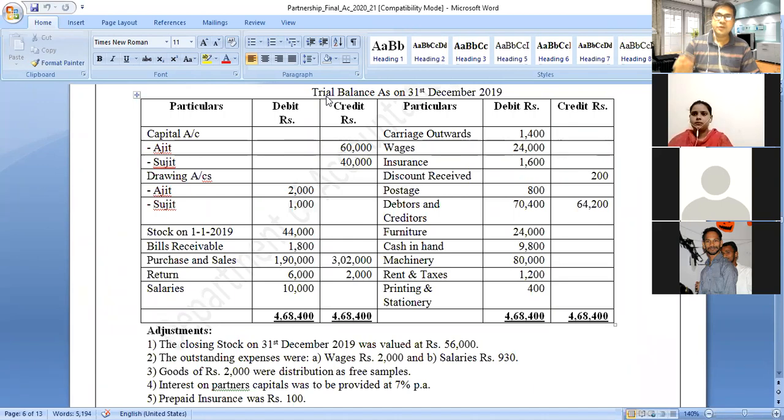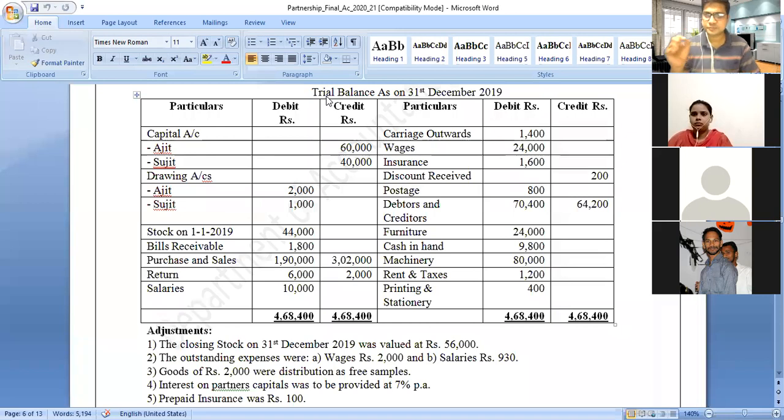Second effect, we will add it to capital. Ajit's capital was 60,000, we will add the interest. And Sujit's capital 40,000, we will add interest. The two effects are over.